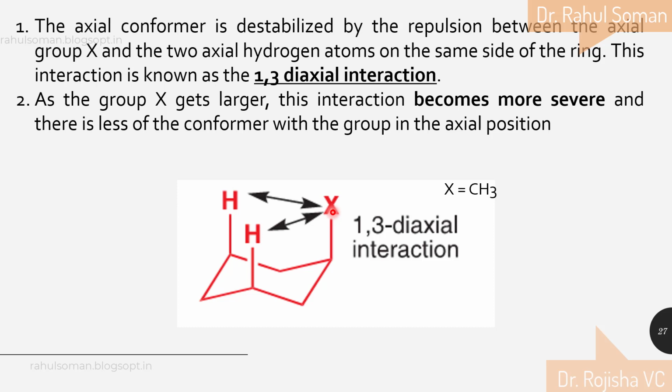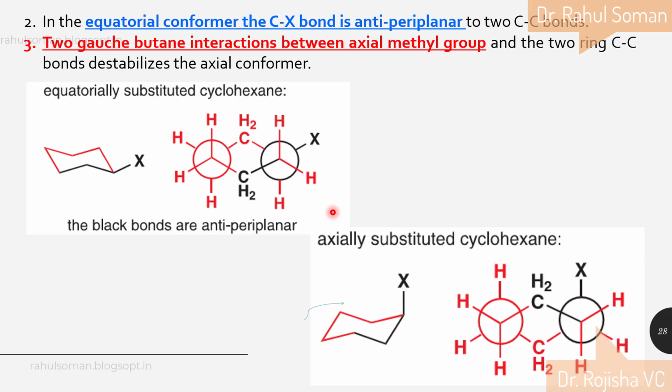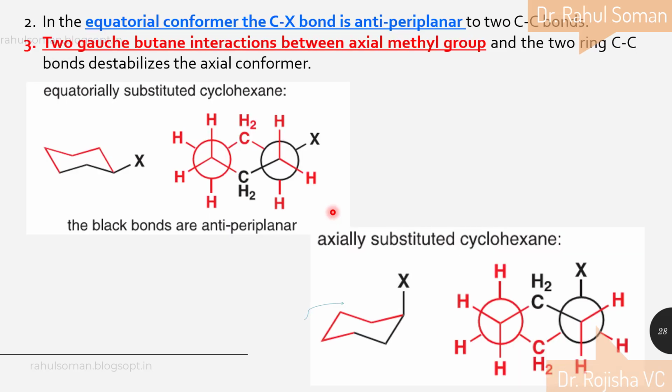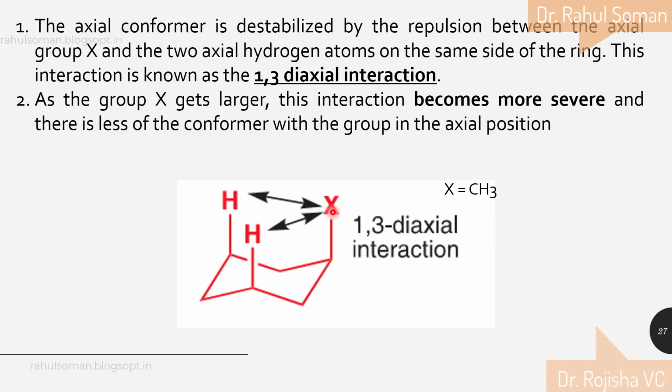Always keep that in your mind. There are only a few substituents which prefer the axial bond. For CH3 and most substituents, they will stay on the equatorial position because they are projecting outwards from the ring. There is no such interaction like the 1,3 diaxial interaction.